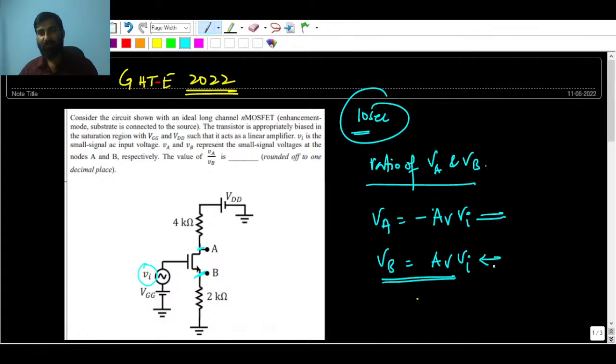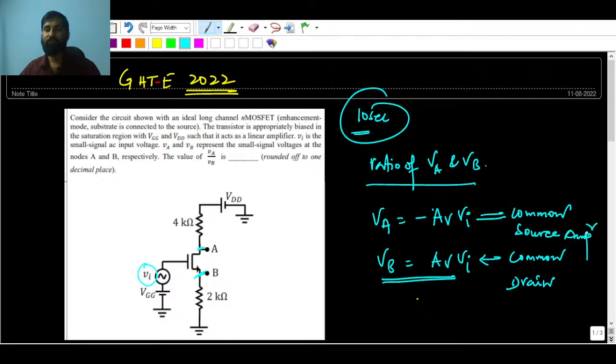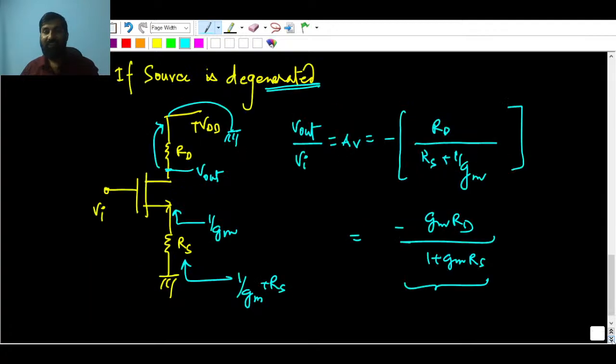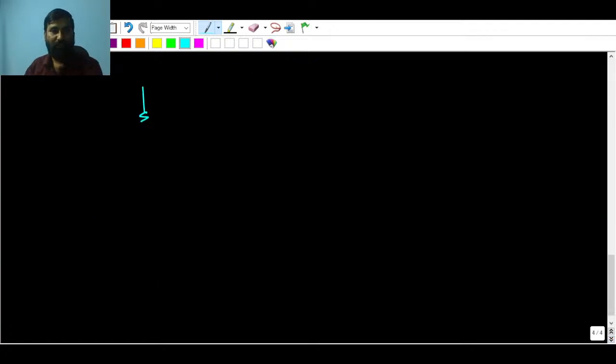This gain belongs to common drain, and the other belongs to common source with source degeneration, don't forget. They are amplifiers only, that's why we calculate the gain. So within 10 seconds you can answer this kind of question. If a common drain is given, let me calculate the gain for a common drain amplifier.